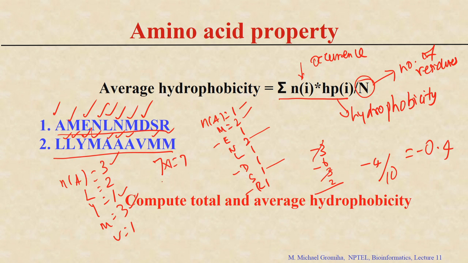So, 2 plus 1 is 3, 3 multiplied by 2 equal to 6, this will be 13 total. So, the average equal to 1.3, with 10 residues. So, you have two sequences, one is minus 0.4, one is 1.3.